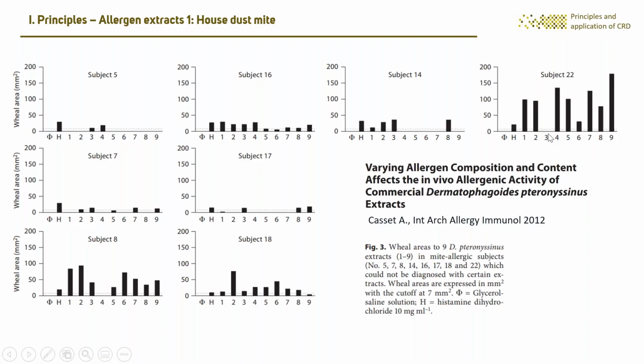And the reason for this is that each patient has his particular sensitization profile, and it now depends on the composition of the extract. Does it match the patient's sensitization profile so that you get a positive result or not? Are allergen molecules the patient is sensitized to missing in this extract?